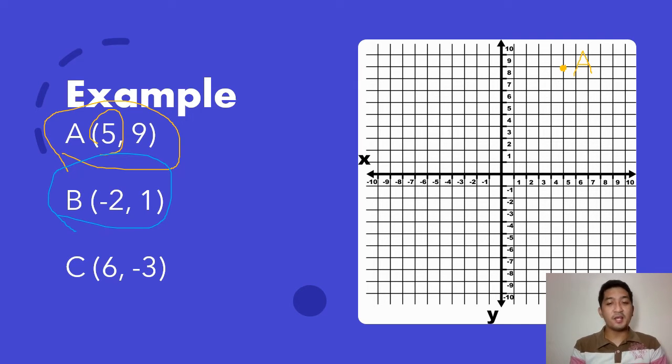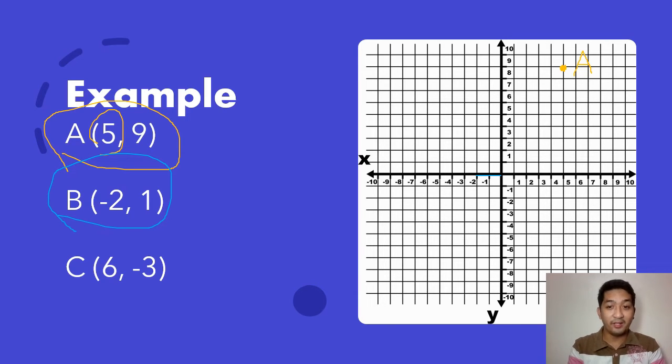Ang x-axis ba ay yung nakahiga o nakatayo? Nakahiga po. So doon ako titingin sa values na nasa nakahigang linya. Mula sa origin, negative 2, pakanan o pakaliwa? Syempre, pakaliwa. So, ito yon, negative 2. And then, move ako ng negative 2.